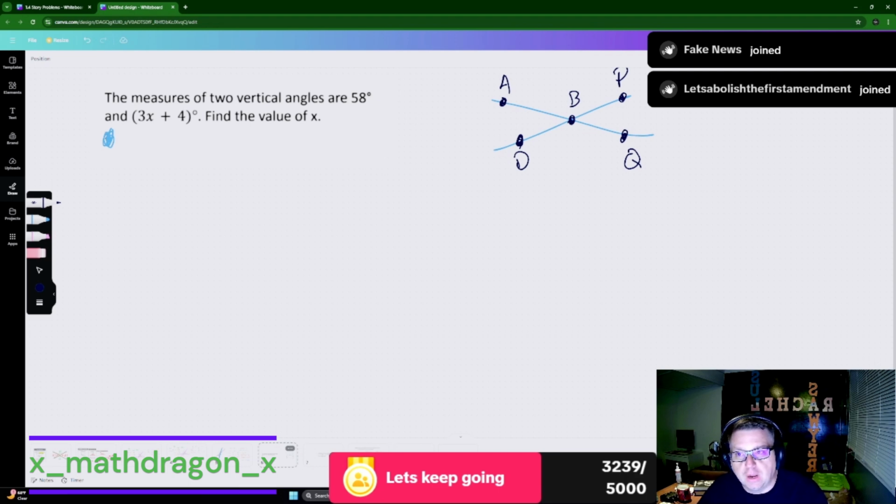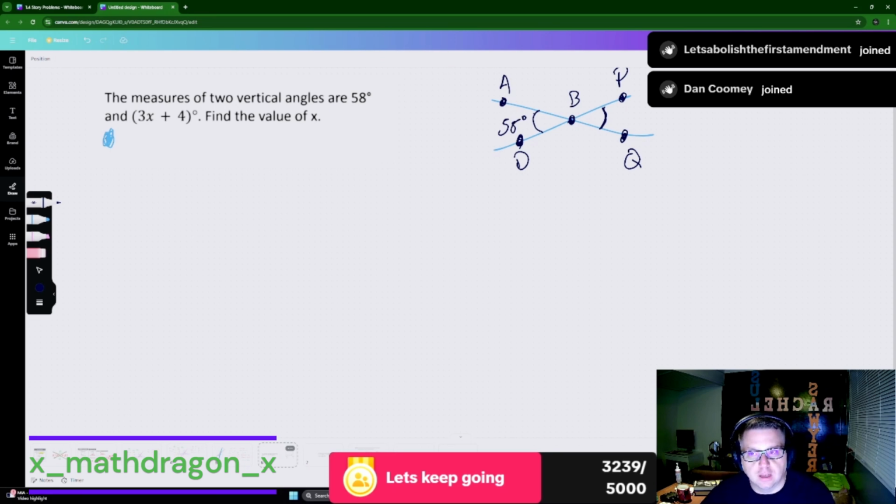Now, it said we have two vertical angles, so I know I'm going to be talking about this and that. And you could say the other two, I don't care. But it tells you one of them's 58. So I do know that it's an acute angle, so it's less than 90 degrees. So that's why I'm taking the smaller angle to make that one 58.